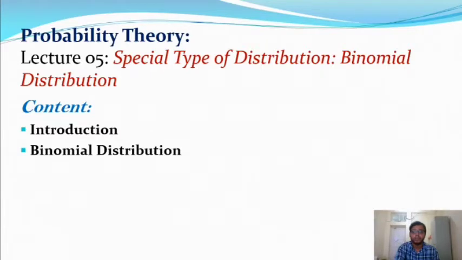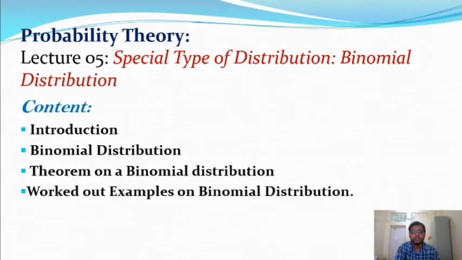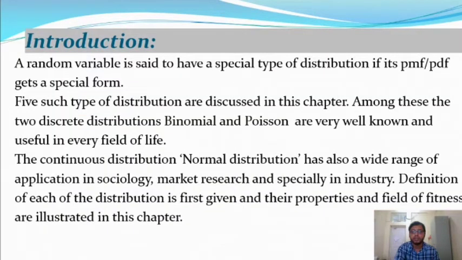After that we will discuss some theorems on the binomial distribution. Then we are going to study worked out examples on the binomial distribution. First of all, we'll start with the introduction of the binomial distribution, or the special types of distributions.